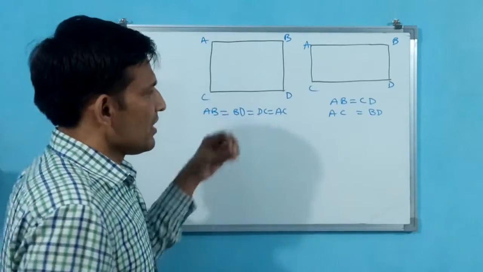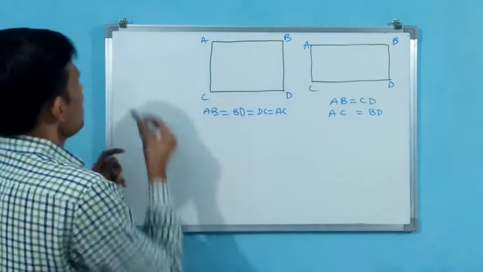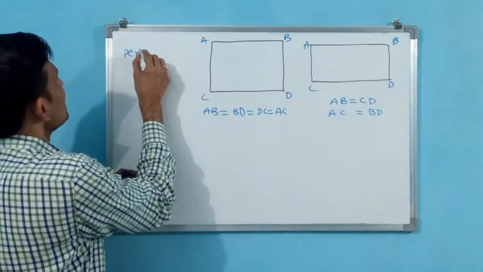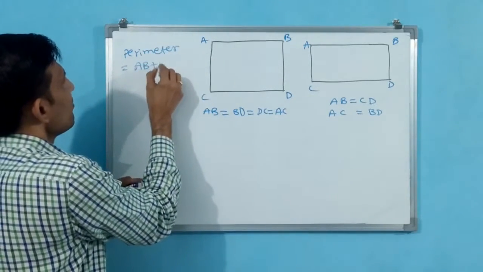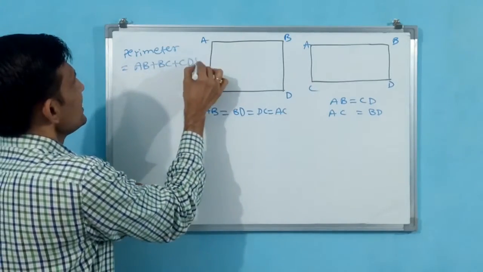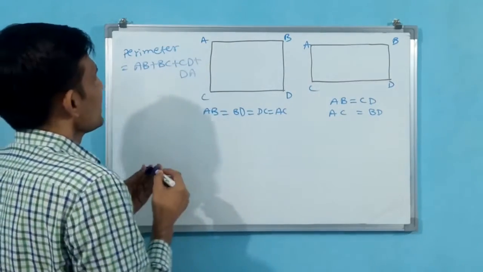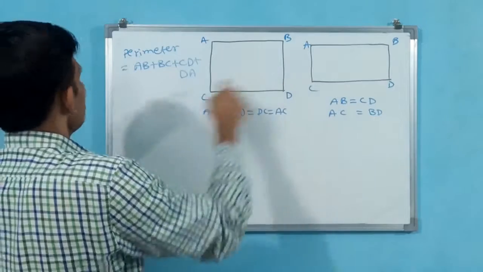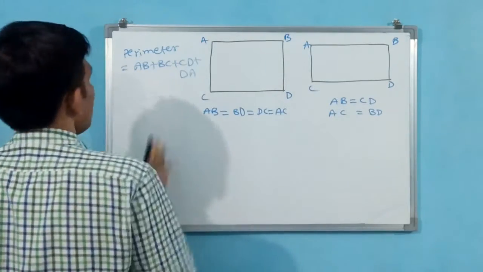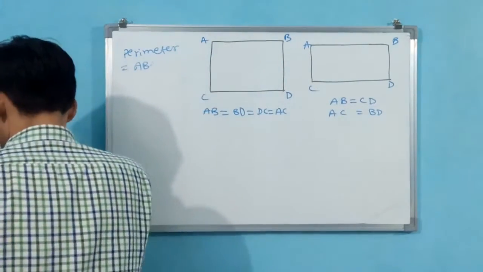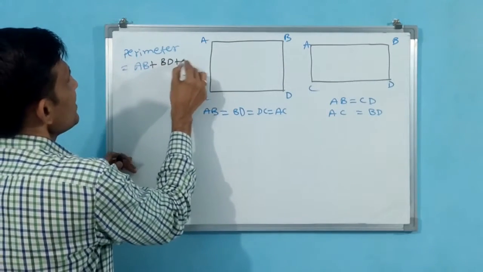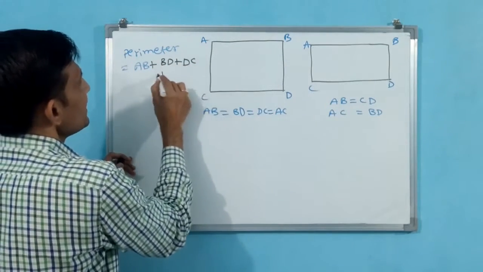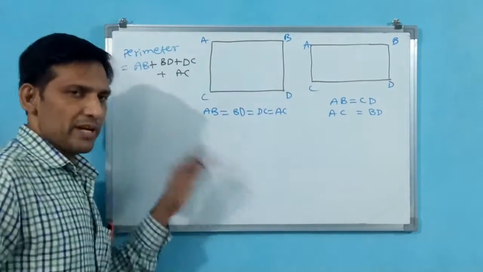Perimeter is equal to AB plus BC plus CD plus DA, or AB plus BD plus DC plus AC.